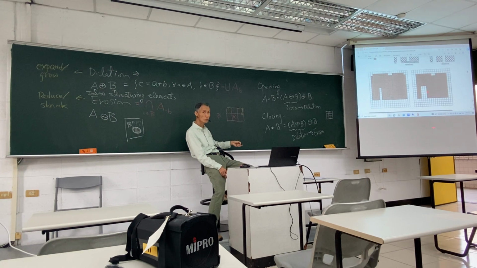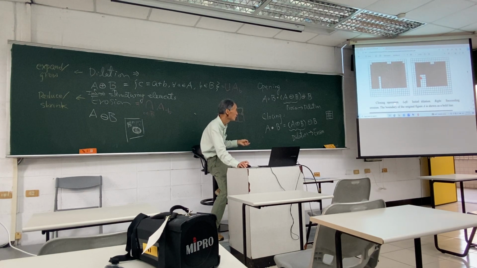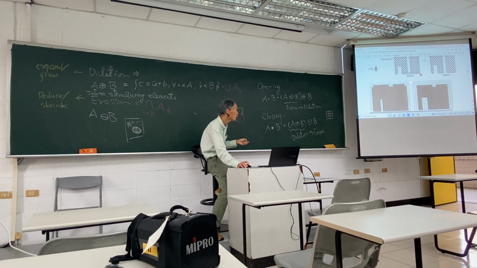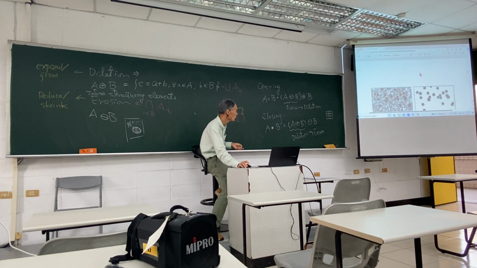This is for closing, okay? After the class, when you go through the class material, you can check by yourself how it works with the structural element, to make sure it works.